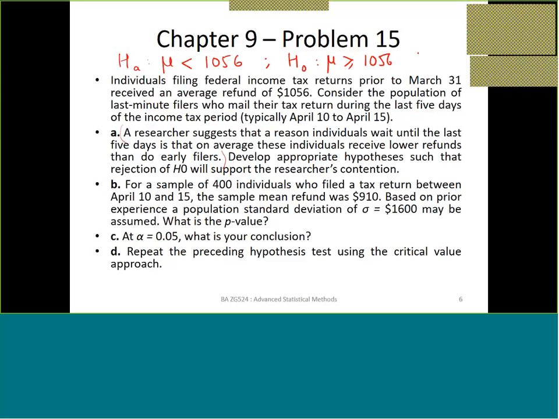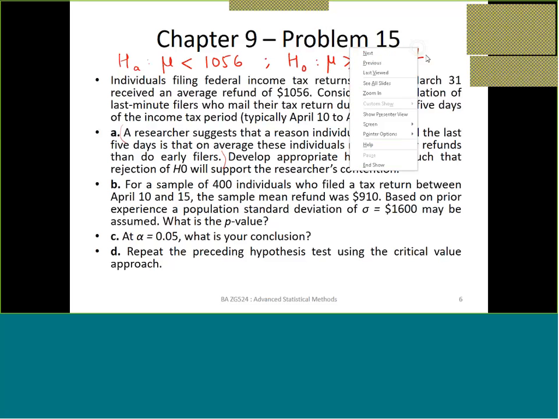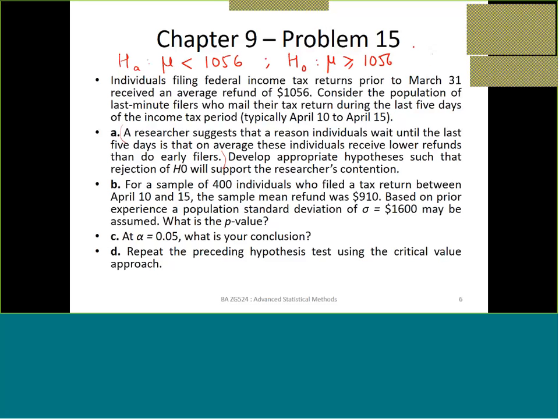So what type of test is it? It is left-tailed or lower-tailed. What have they given in this question? n equal to 400 and x bar is 910. Sigma is 1600, and alpha is 0.05.